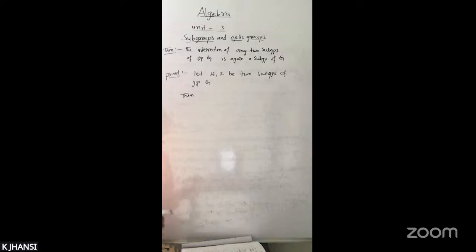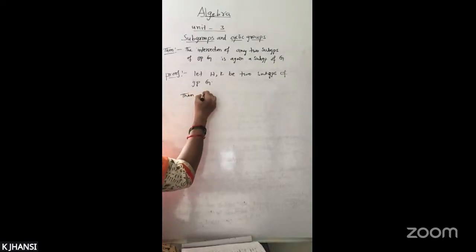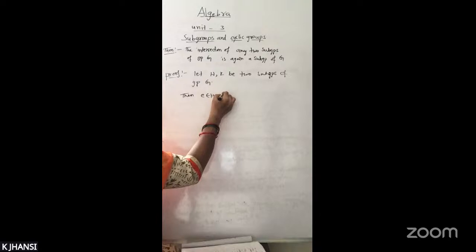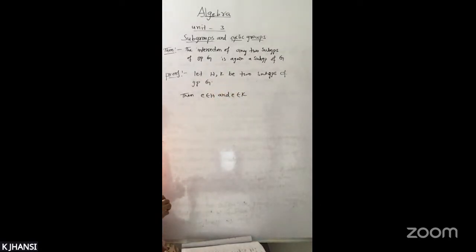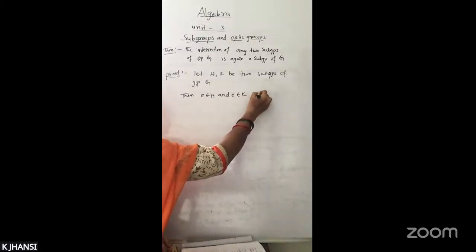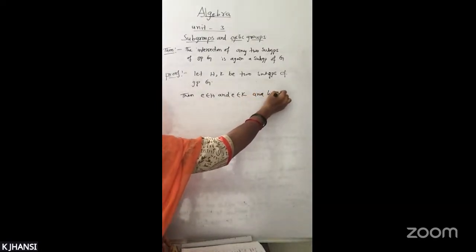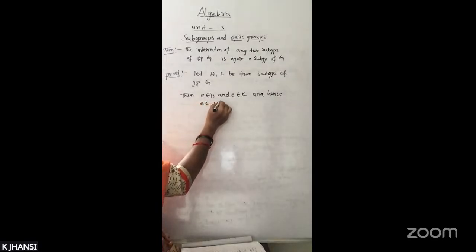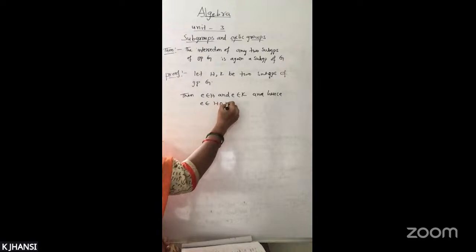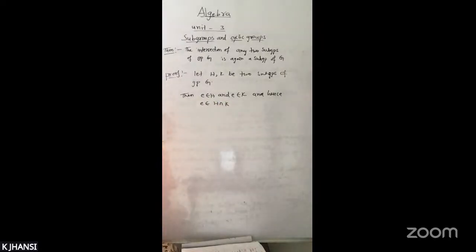Okay. So then e belongs to H and e belongs to K, and hence e belongs to H intersection K. e is the identity element; it belongs to the subset H and also the subset K. So this intersection also contains the identity element.